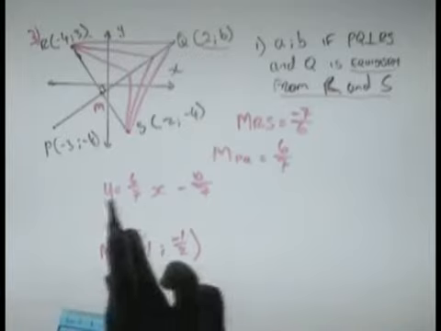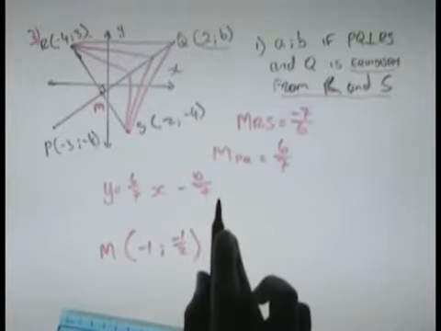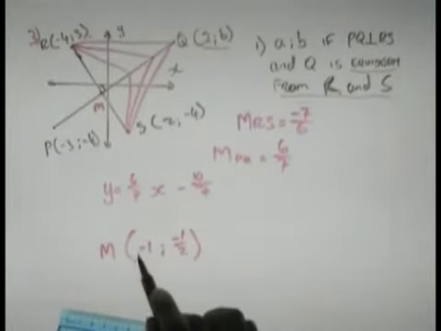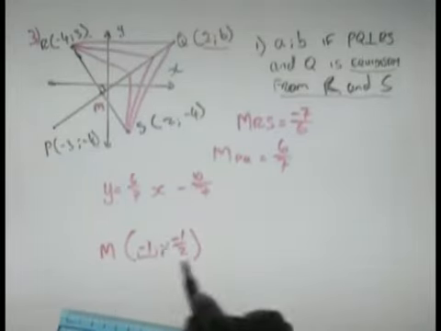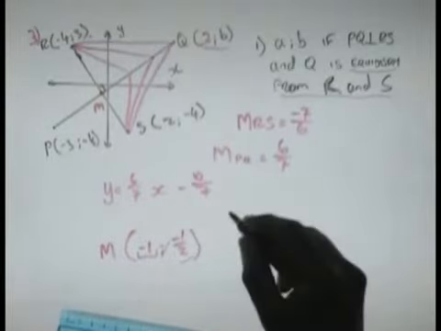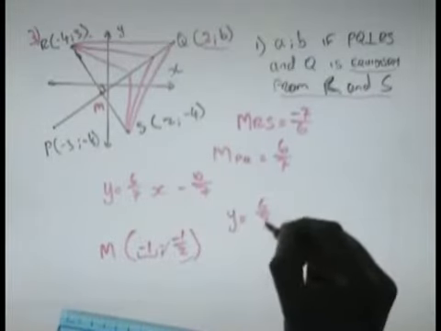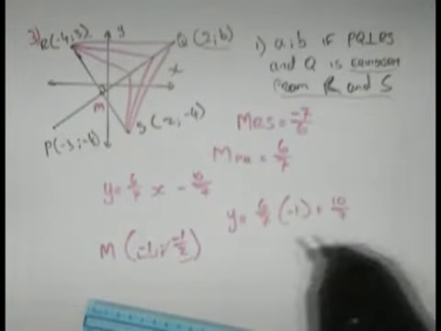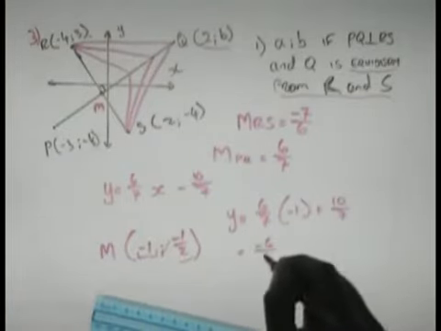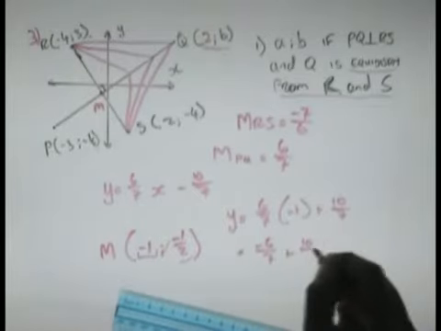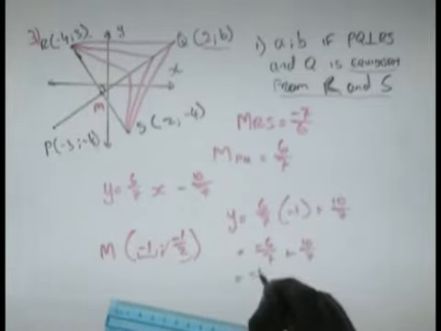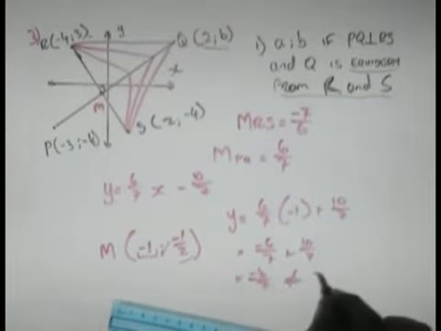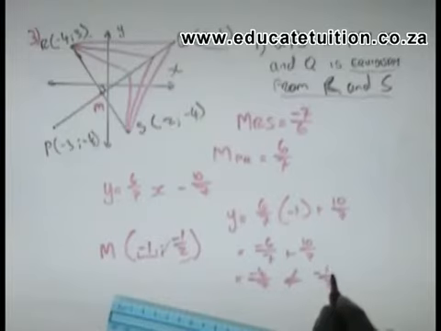Does this point fit in there? Well, let's test it out. If this point fits in there, if I substitute this in place of x, y should give me that. y will equal 6 over 7 multiplied by negative 1 minus 10 over 7, which is going to be negative 6 over 7 minus 10 over 7, which is negative 16 over 7, which is not negative 1 over 2.